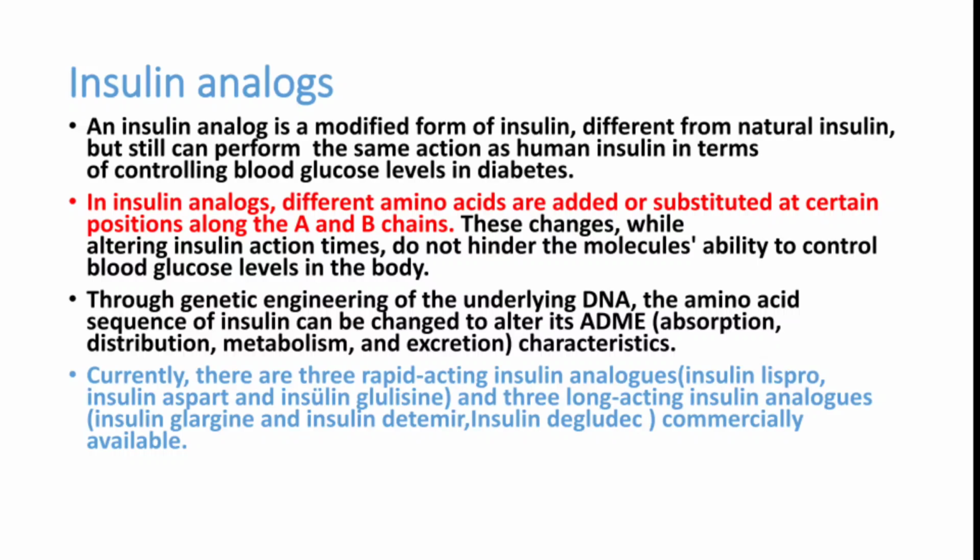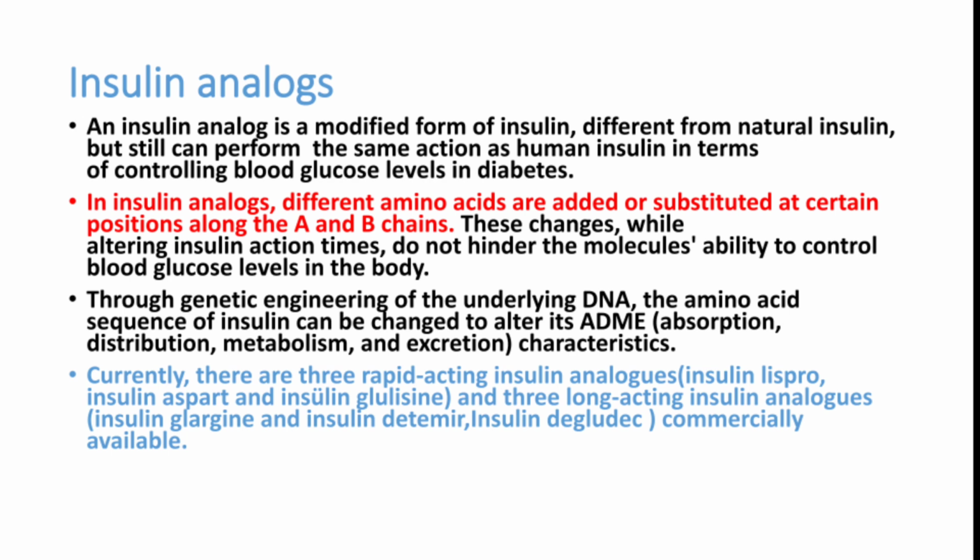Insulin analog will have same features of insulin, but there will be some changes in their amino acid chains from the regular insulin. So difference is amino acid chains are different from regular insulin. What is advantage? Advantage is these insulins are artificially generated.